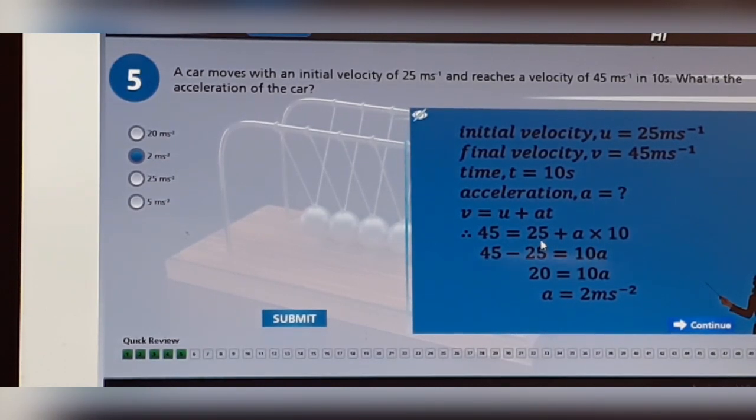Then we collect like terms, move 25, which is positive 25, over to the left-hand side. We'll now have 45 and 25 changes to a negative number. Subtract them, you have 20 equals 10 times a, which is 10a. Divide both sides by 10 and your acceleration will give you 2 meters per second squared.